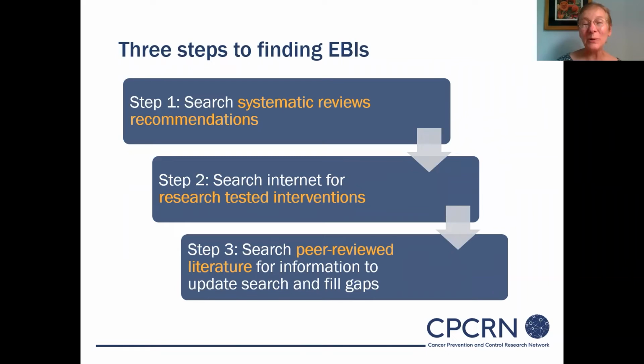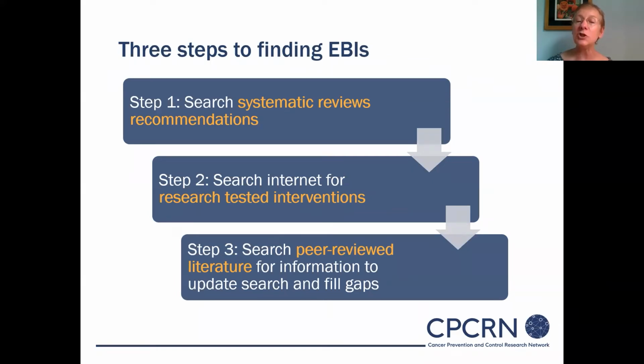So one of our goals today is to give you as straightforward and streamlined a process as we could come up with for searching and selecting evidence-based interventions to meet your needs.